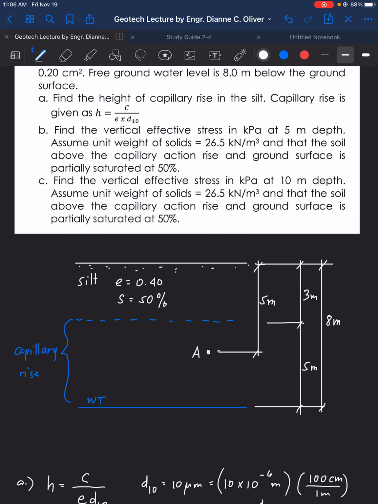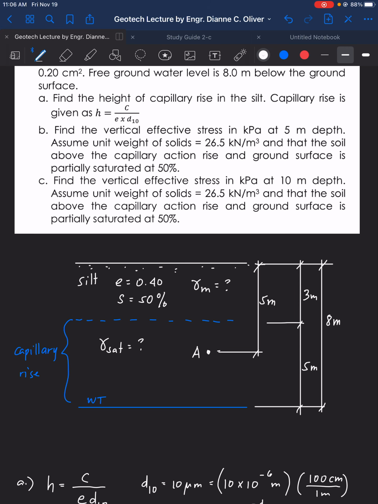So we need to find the gamma M here because we have a partially saturated soil, and we need to find the gamma sat here first.